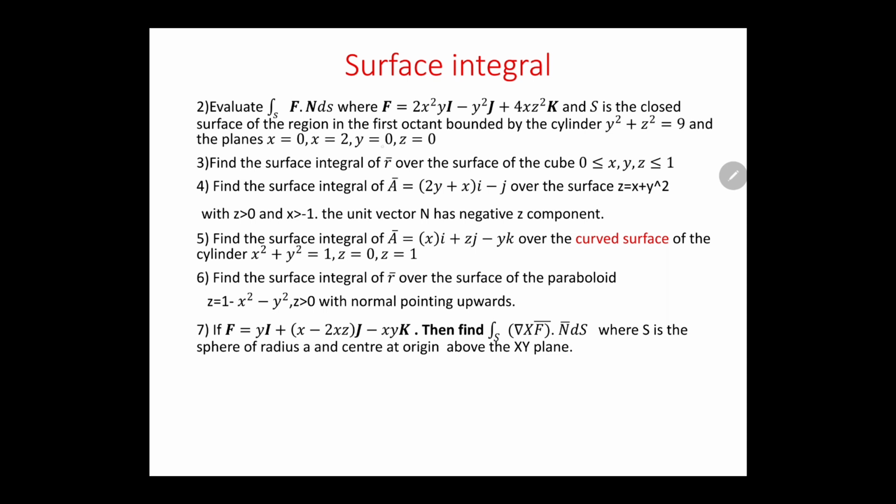S is the closed surface of the region in the first octant bounded by the cylinder y square plus z square equal to 9 and the planes x equal to 0, x equal to 2, y equal to 0, z equal to 0. You know that it is a cylinder whose axis is the x-axis. So let us solve this problem.